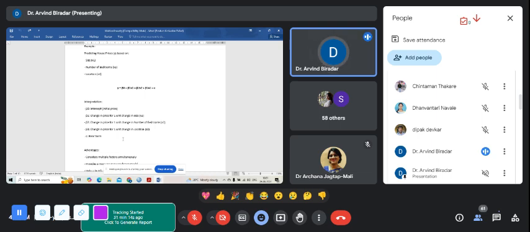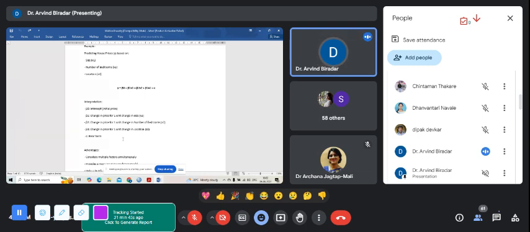But manually it will take more time. We are using the software, so the simplification is very, very easy. So we have to analyze the things. In this context, two things are important.